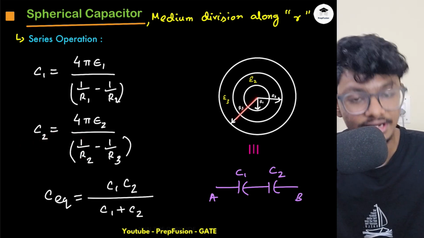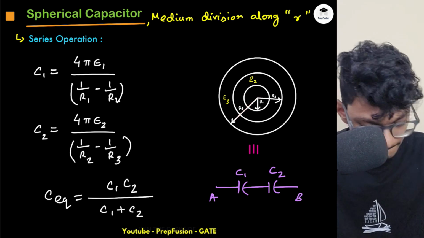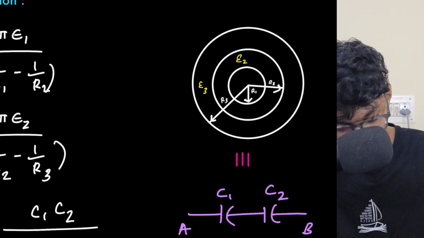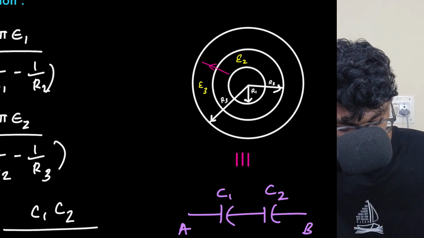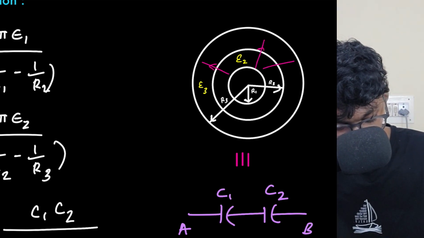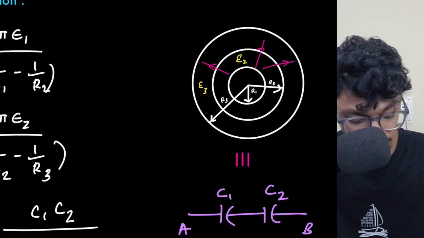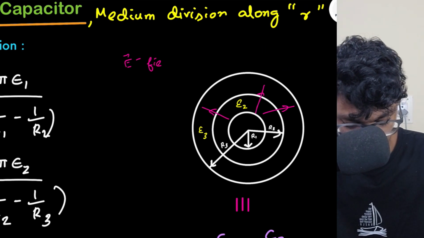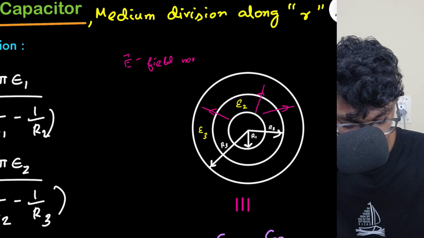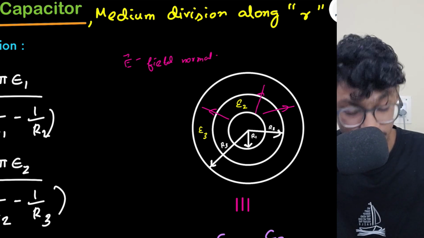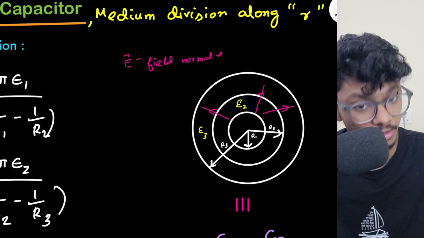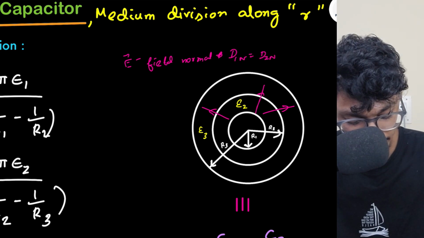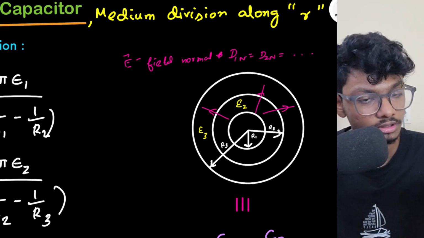Now how are they connected actually? If you observe here, how will my electric field flow? Electric field will flow like this, correct? And electric field is always normal to the surface. So what boundary condition will I apply? The normal boundary condition: D1n equals D2n, and so on.